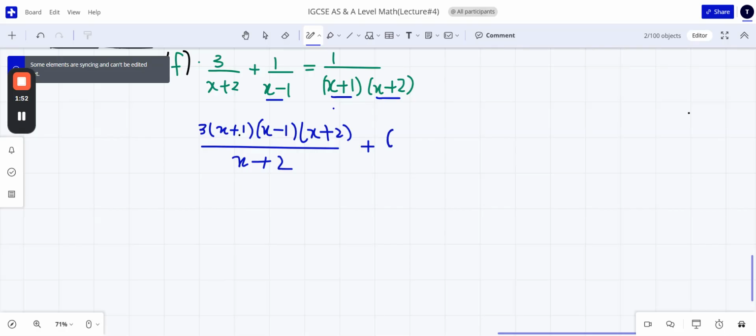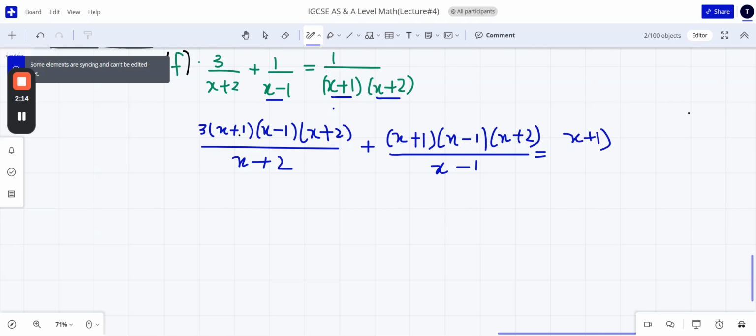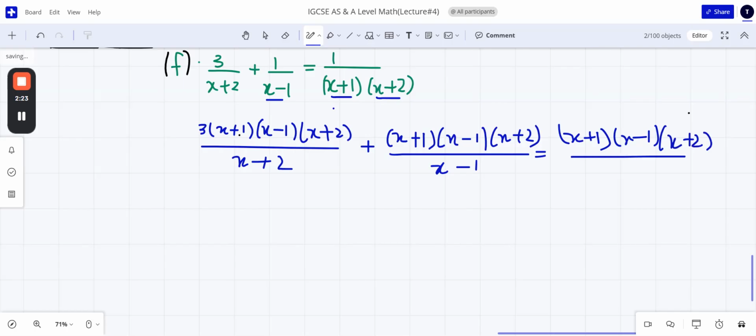So here it would be x plus 1 into x minus 1 into x plus 2 divided by x minus 1 equals to, again we don't need to multiply with the 1, so it would be x plus 1 into x minus 1 into x plus 2 divided by x minus 1, x plus 1 into x plus 2.